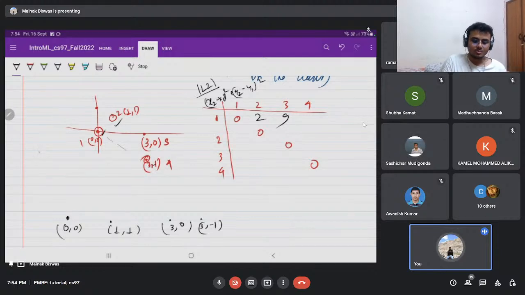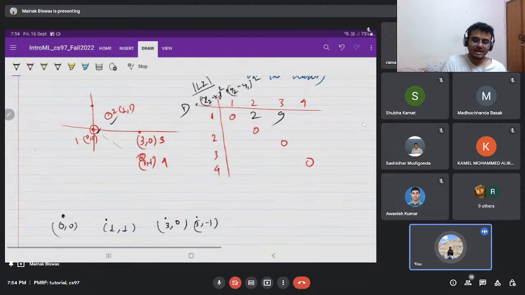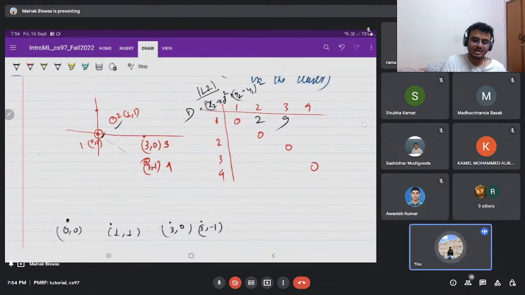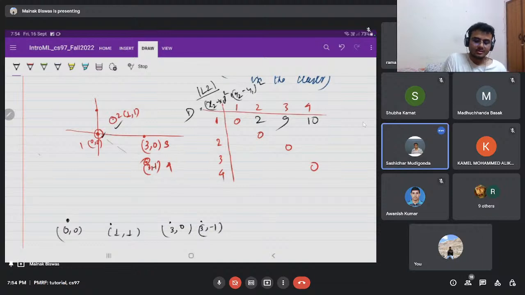Right, fine. So between 1 and 4, that is 3 square plus 1 square, that is 10, right? Between 2 and 3, that is 2 square plus 1 square, that is 5.